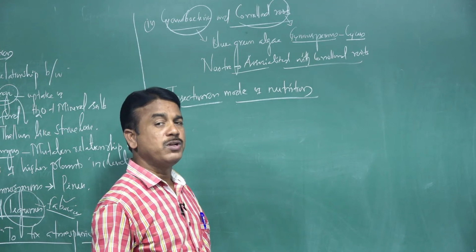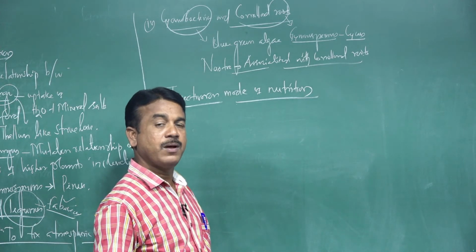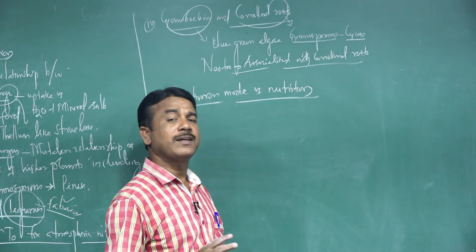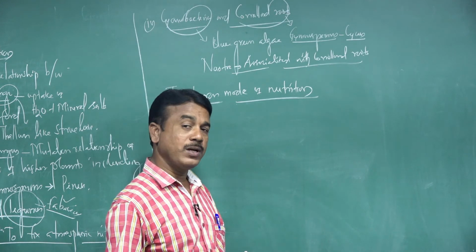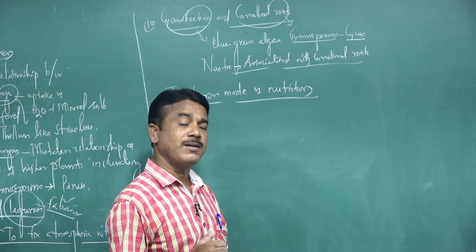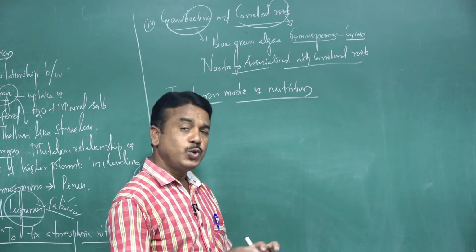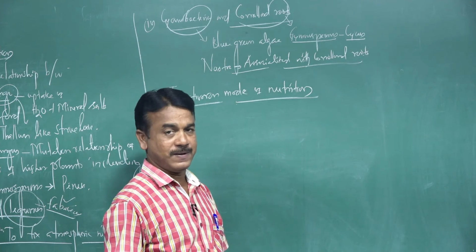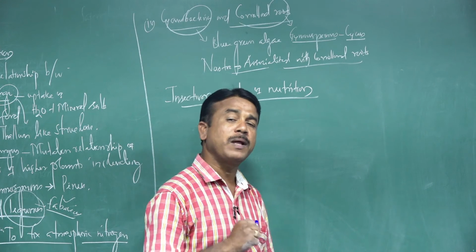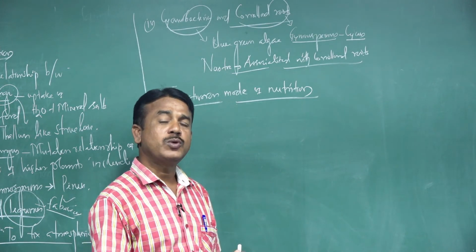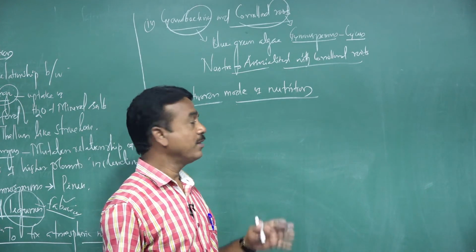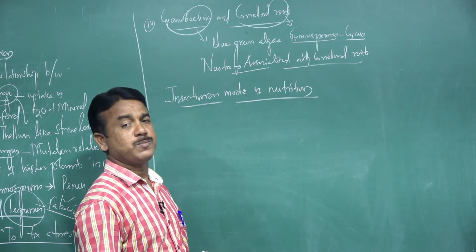Because of deficiency of nitrogen. To overcome that deficiency, these plants have an insectivorous habit to resolve nitrogen deficiency. They have the capability to trap insects, and from the insect they obtain nitrogen. That is commonly called insectivorous plants.